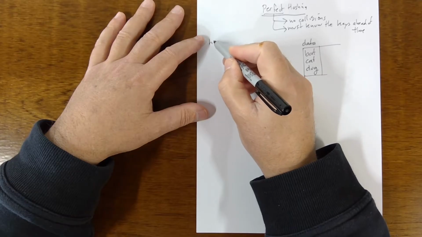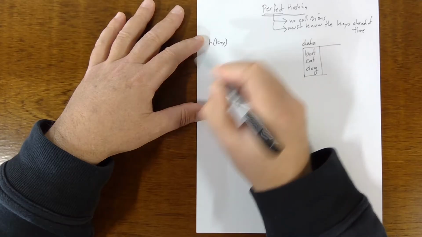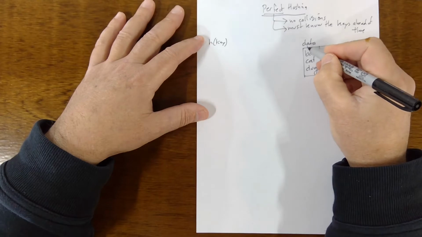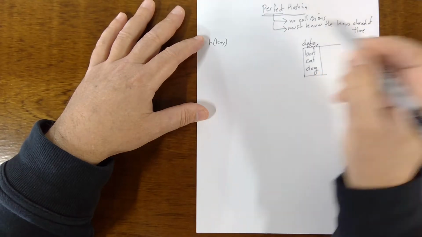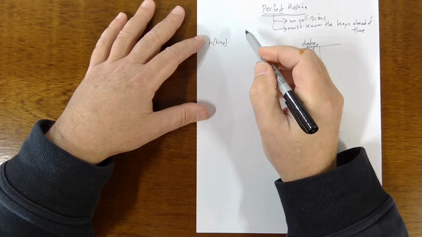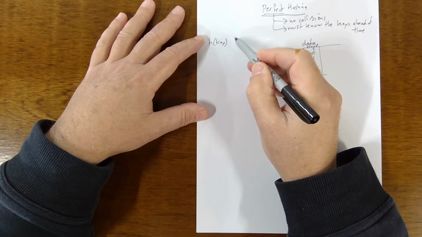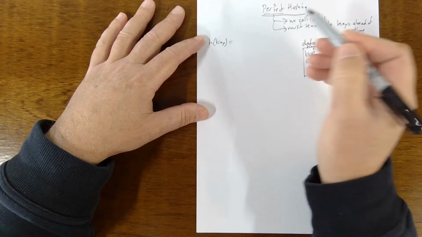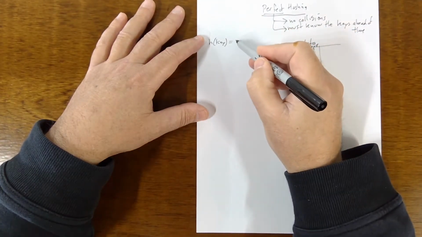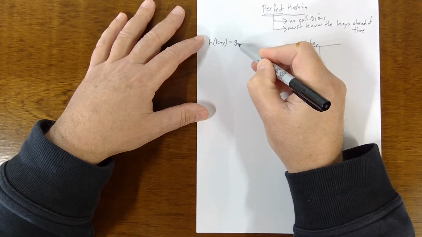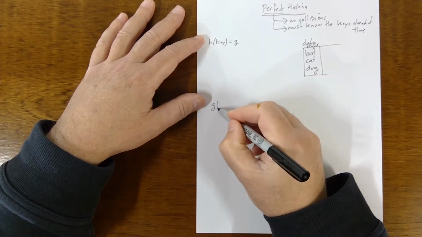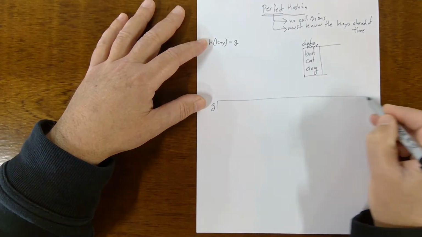So h of the key is going to be, these are the keys. We'll use a lookup table called G.